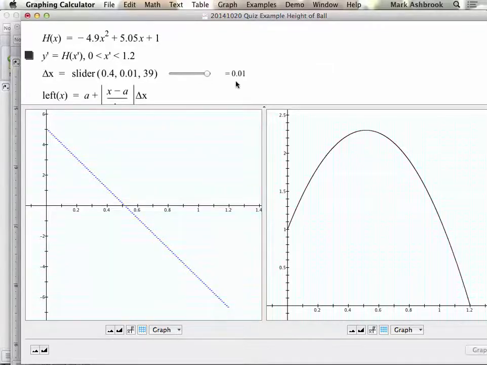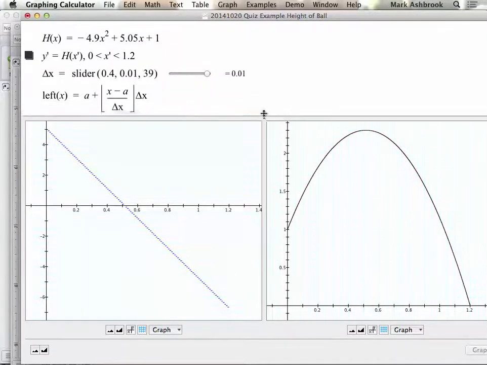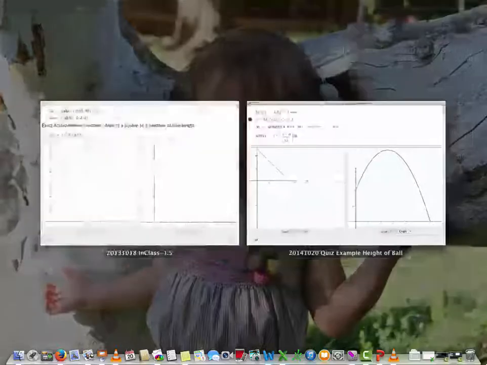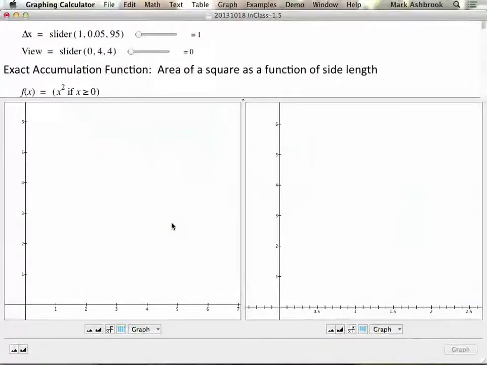Okay, so let's go back to the area example and just review the process one more time. We've got exact area. This is the area of a square. The input x is the side length of the square, and the output is the area of the square. Here's our exact area function, x squared.